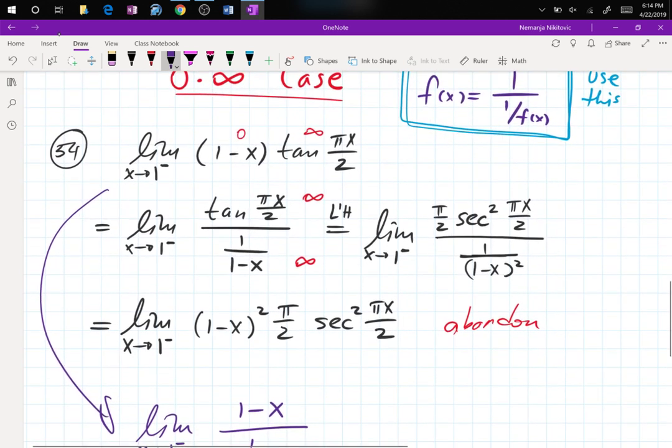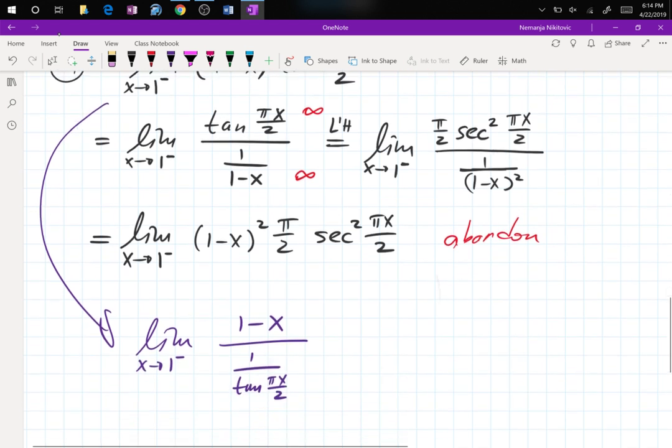So I used the same trick, I just used it on a different function. That's all I did. I haven't switched the method or anything like that. Instead of pushing this to go into denominator, I switched, and now I pushed this, and I'm still using the same way to achieve that.